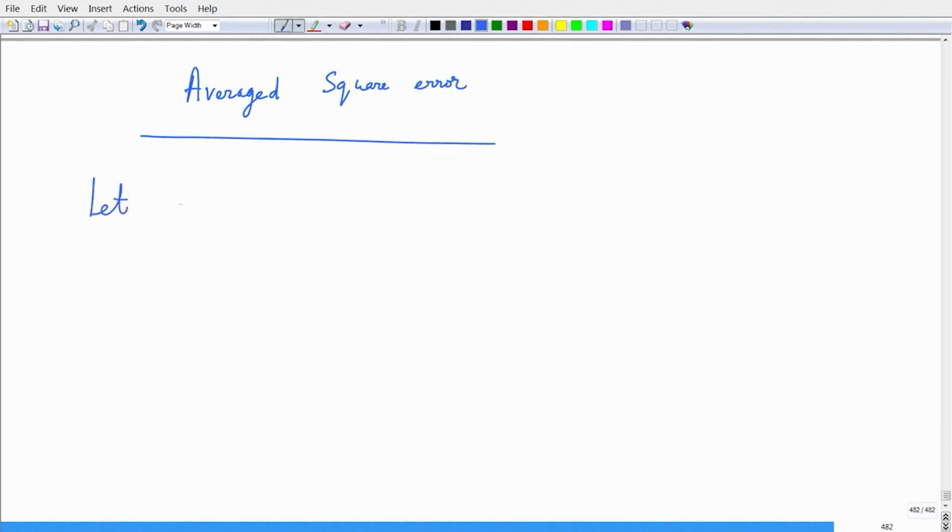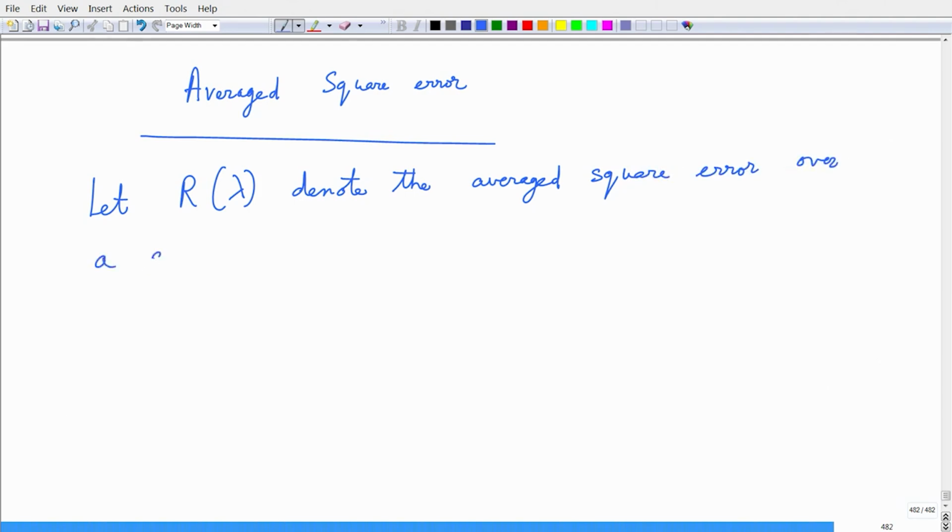Let R of lambda denote the averaged square error over a given data set between the two functions.